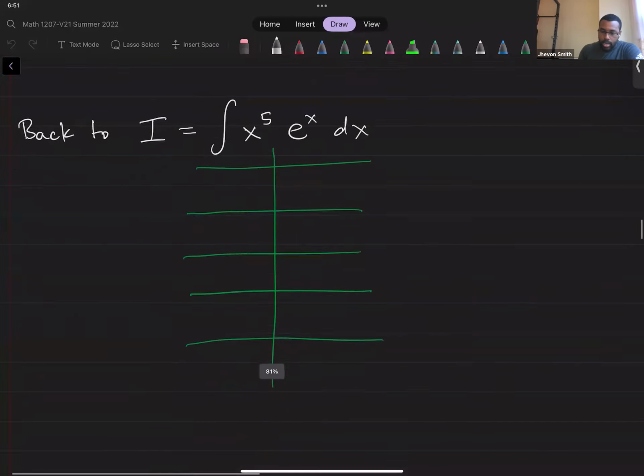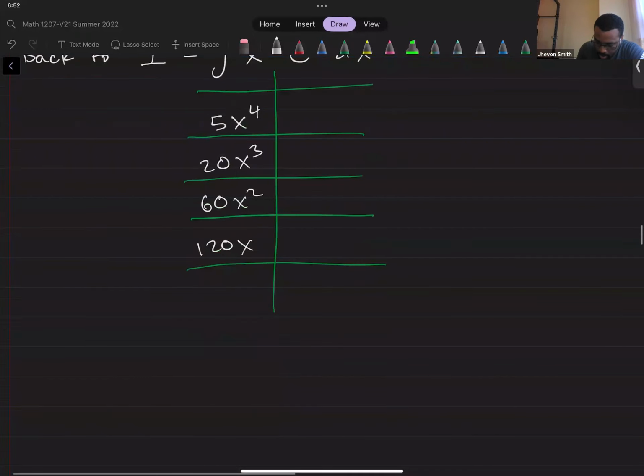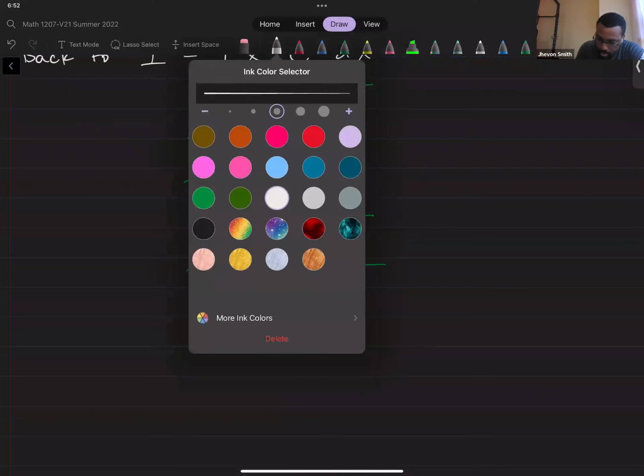Here you have x to the 5th e to the x. You know this is going to be a repeated integration by parts, so I'm going to do it the tabular way. Let's set up a table. In the left column, you keep differentiating. The derivative of x to the 5th is 5x to the 4th. The derivative of that is 20x cubed, then 60x squared, then 120x, then 120, and the derivative of that is 0.